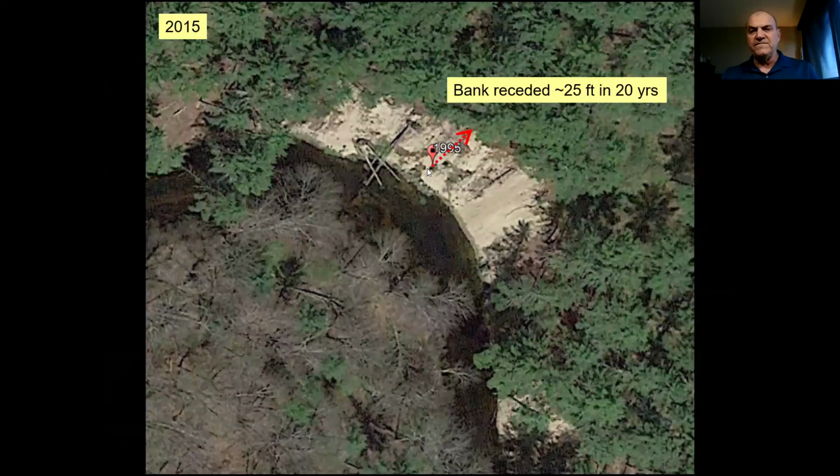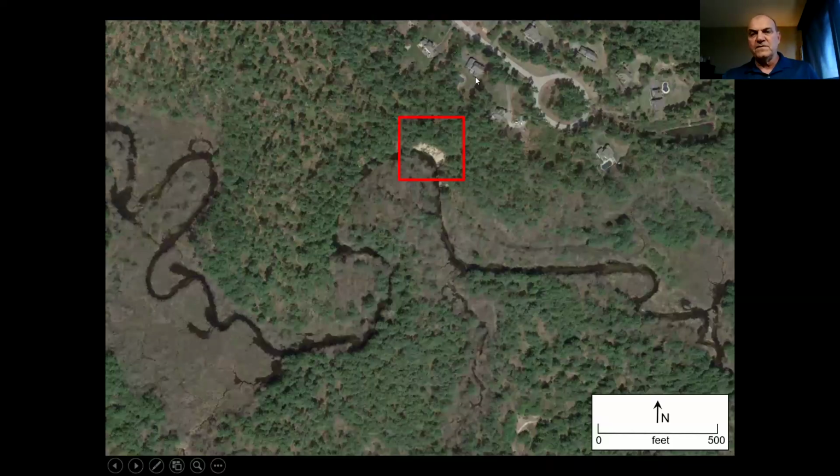Looking at aerial photographs on Google Earth, since 1995, in a 20-year period, the bank receded about 25 feet, so a little more than a foot per year. And the homes are 300 feet away, so there's no real threat here. It's going to be about 250 years before there's any potential issue with infrastructure.